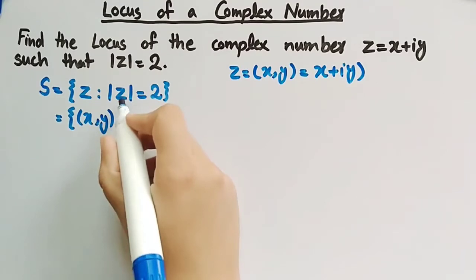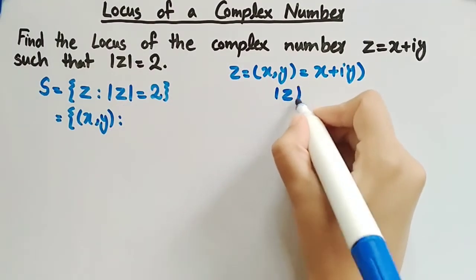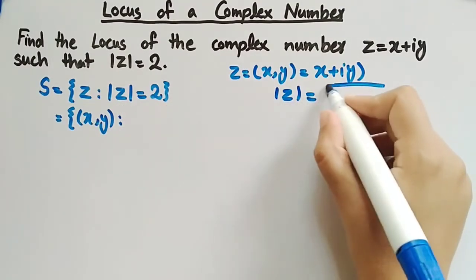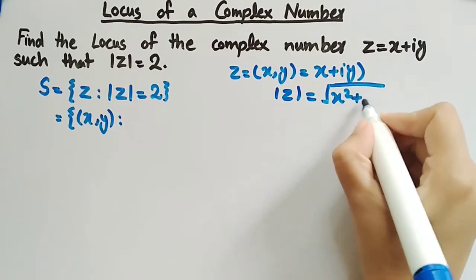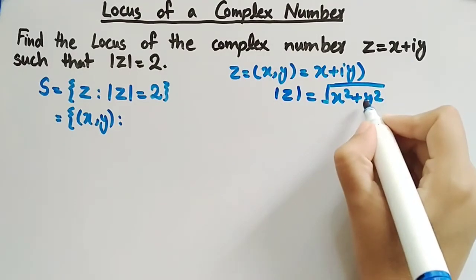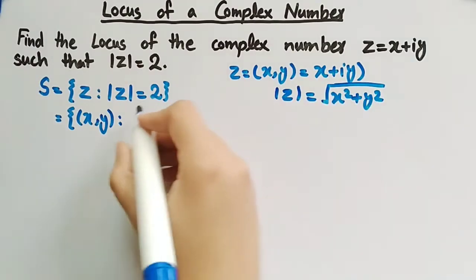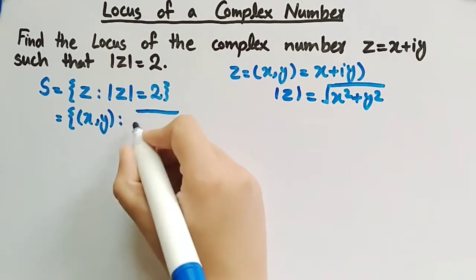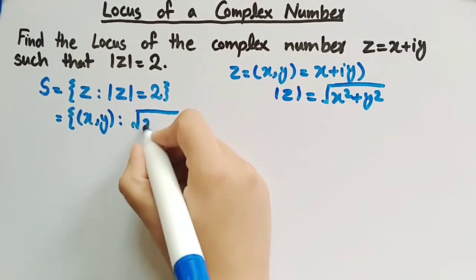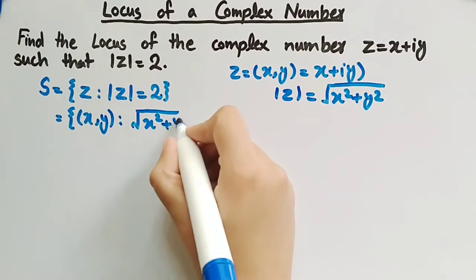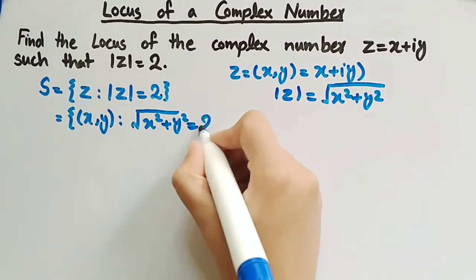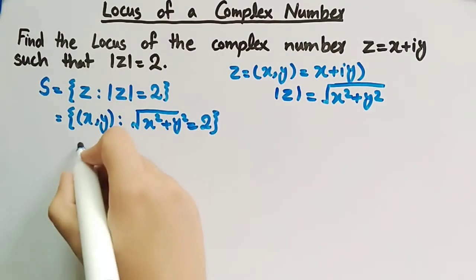We know that mod of z is equal to the square root of x squared plus y squared, so we replace mod of z with this value, and it will be the square root of x squared plus y squared is equal to 2.